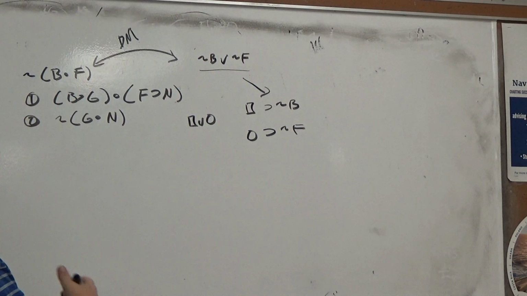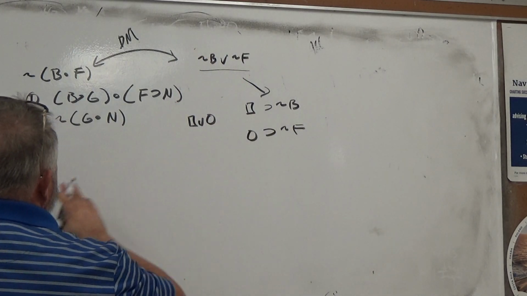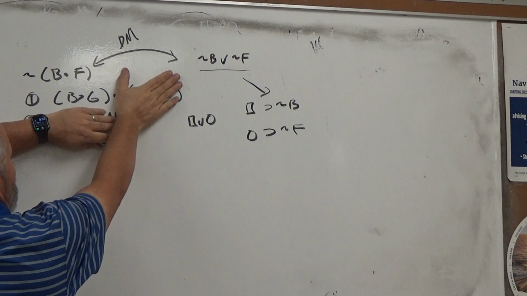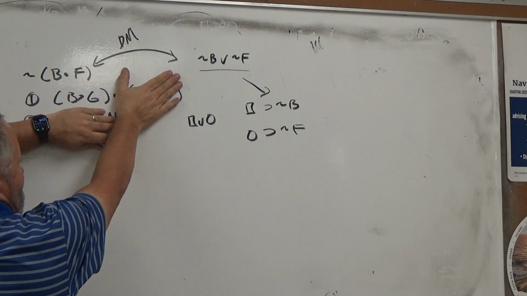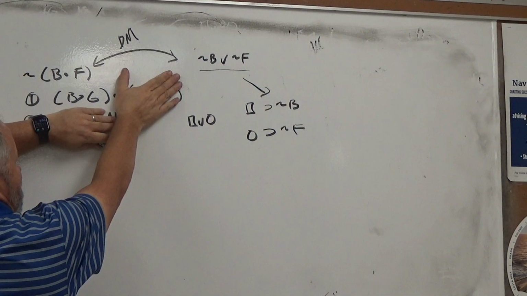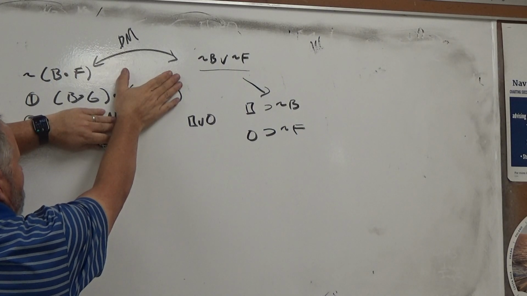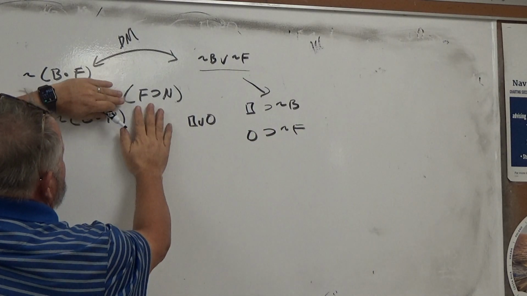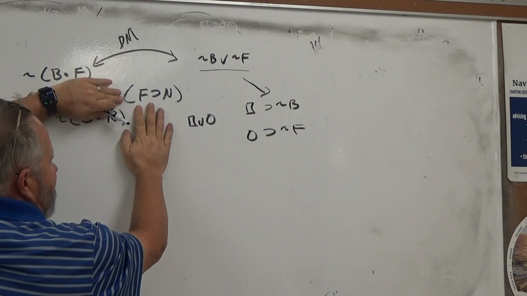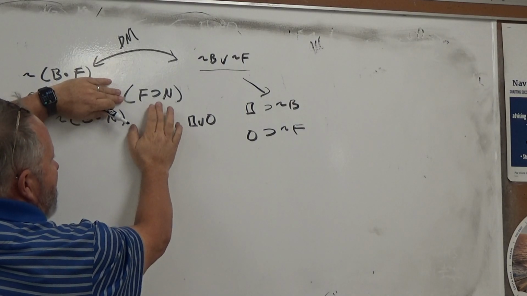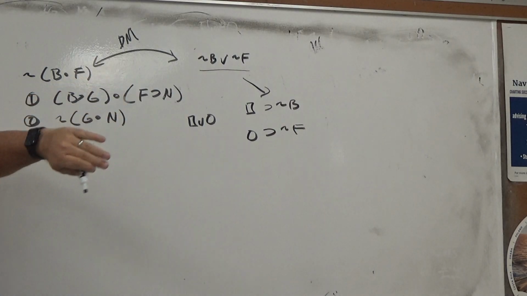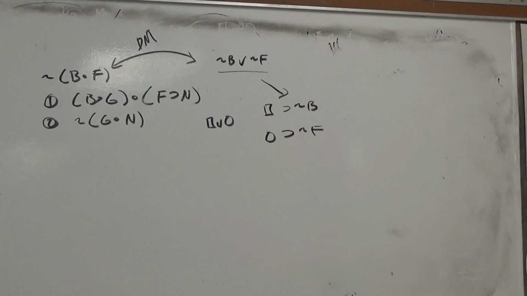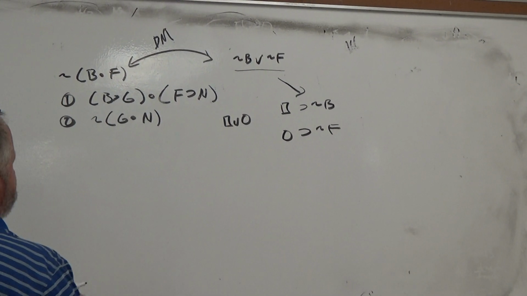Now, we actually don't see a blank then not B, but I want you to look at just this, B then G. We have a rule transposition that lets us change places. So it would become not G, then not B. So we have one of those. And also, look, this by itself, if we did a transposition on it, we get a not N, then not F. So we're going to get the pieces that we need to do a constructive dilemma. Everybody understand that? So that's what I'm going for.